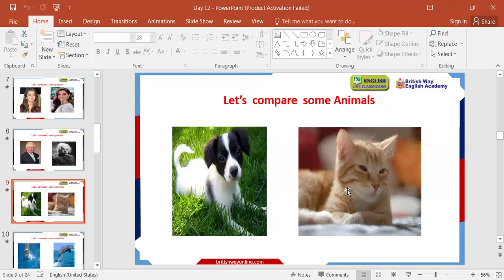The dog is kinder than. The cat is lazier than dog.